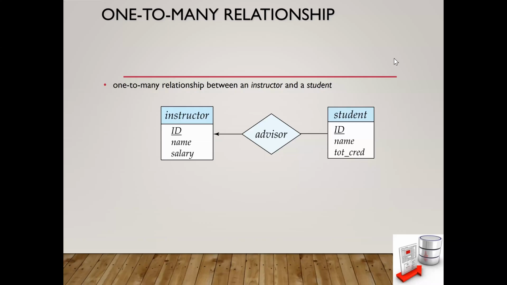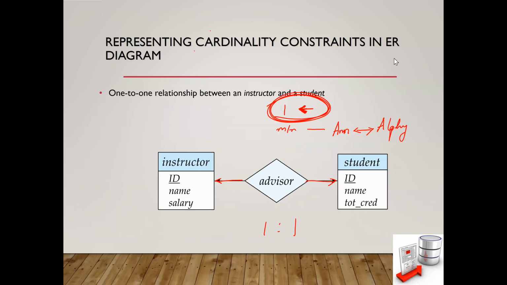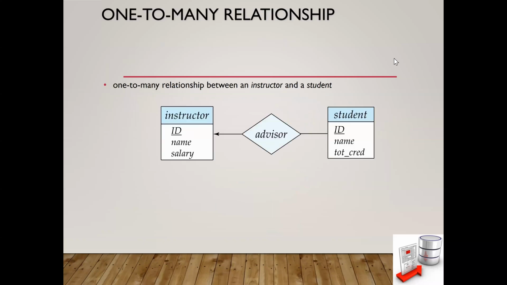Now, let's see how to denote a 1-to-many. As I told you earlier, for the 1 you will have that arrow mark, and for the many part, you will have a simple line.